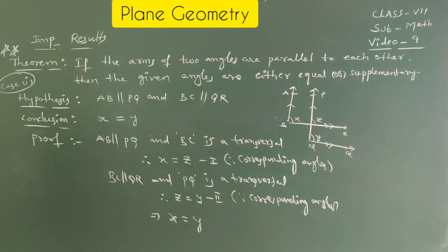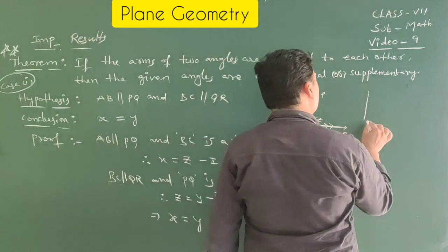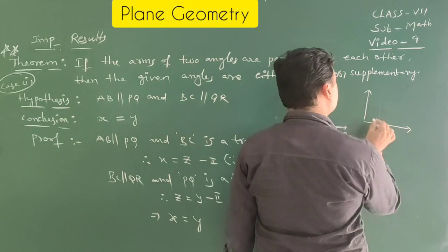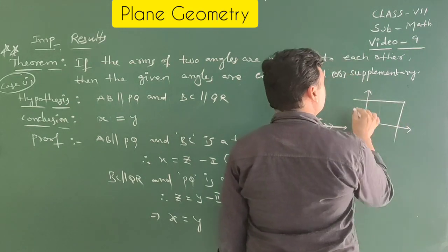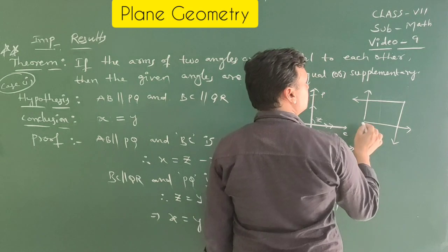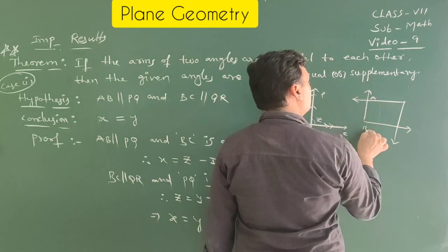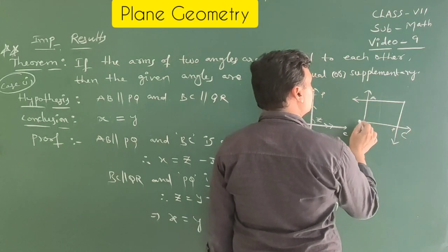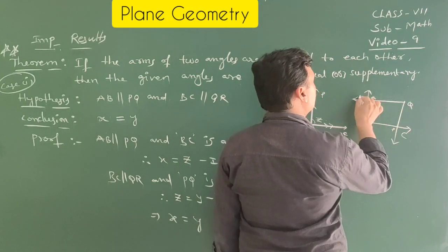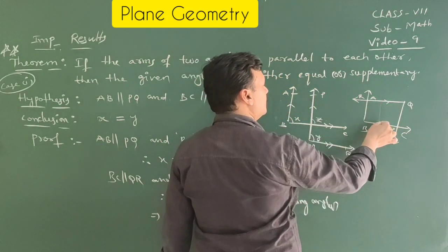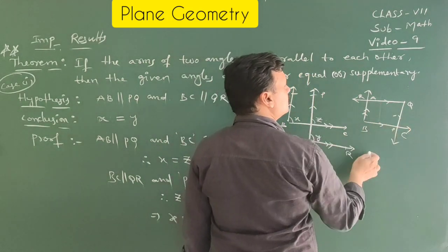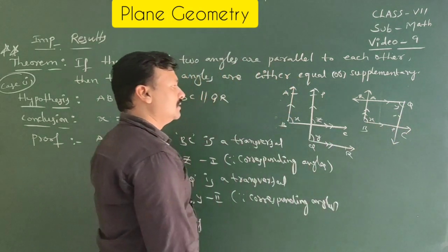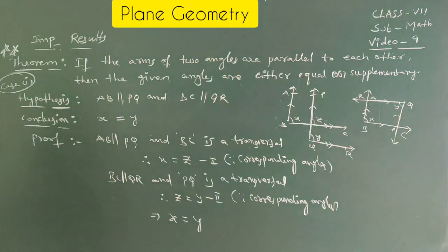In this way also we can do it. Here A, B, C, this one P, this one Q, here R. Here angle ABC is X and angle PQR is Y, and X equals Y. That is also case 1.